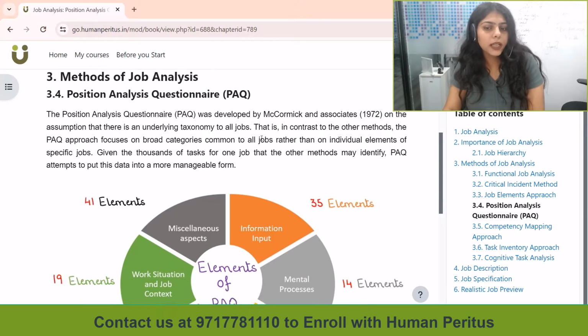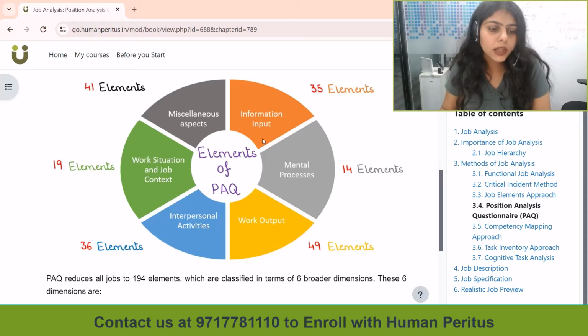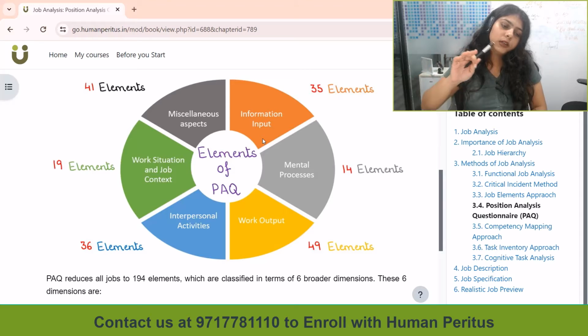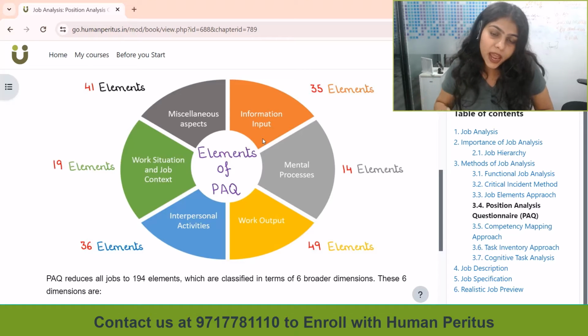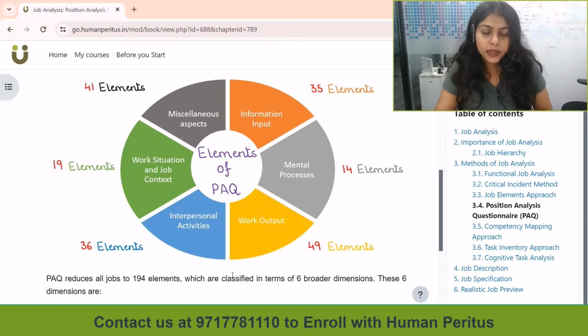Now, what does this model say exactly? This model says that all the jobs can be reduced into 194 elements, and within these 194 elements, 6 broad categories or dimensions can be classified.